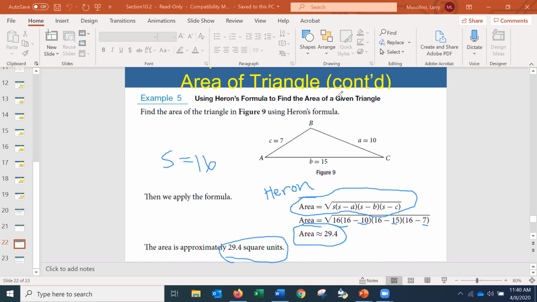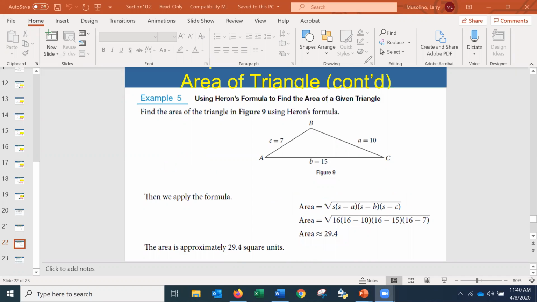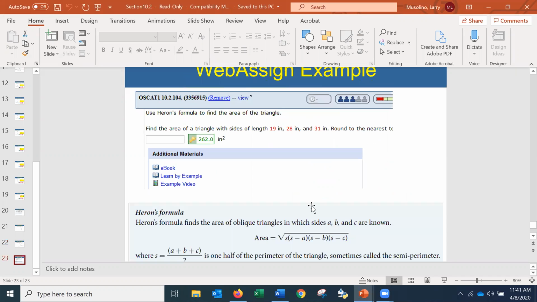All right, well, let's do a worked out example from WebAssign. Okay, so here it is. It says find the area of the triangle with these three sides. And so the formula to use here, again, we don't know any angles, so I'm going to use this formula.